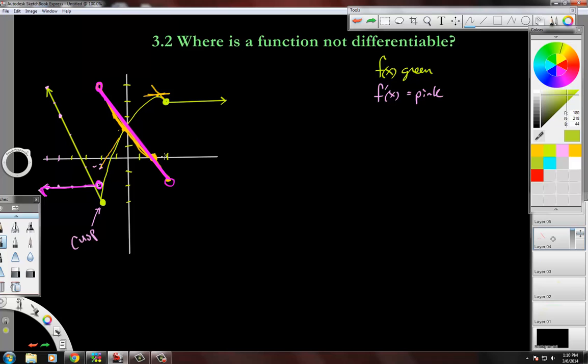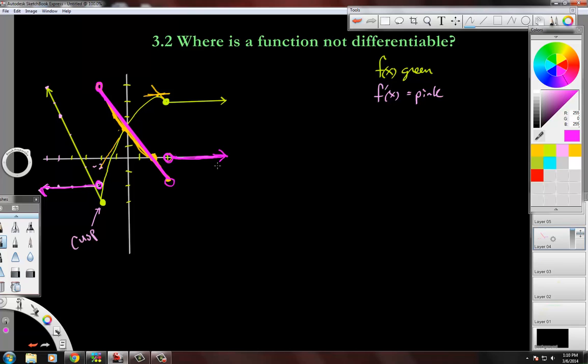So we're going to have another open circle here, but in the right color, because pink will be our derivative. And it's going to continue to be 0 forever, because that arrowhead right there suggests we're going to the right forever. So this pink drawing is the derivative, f prime of x, of the green.